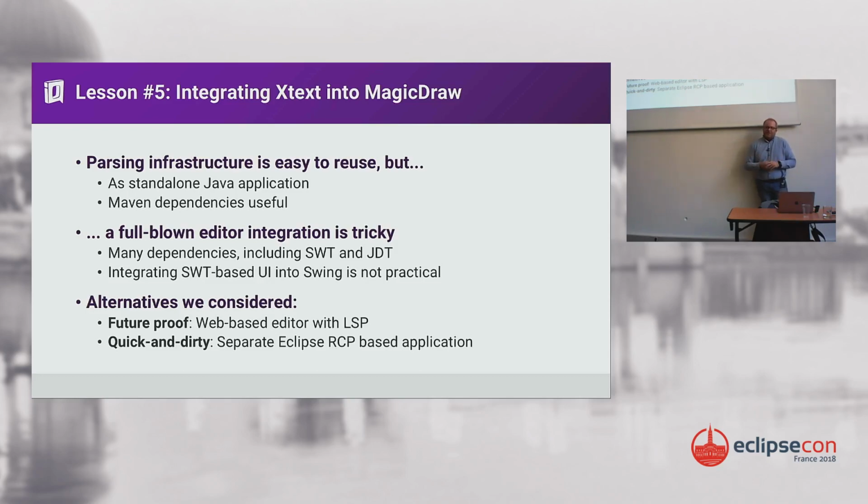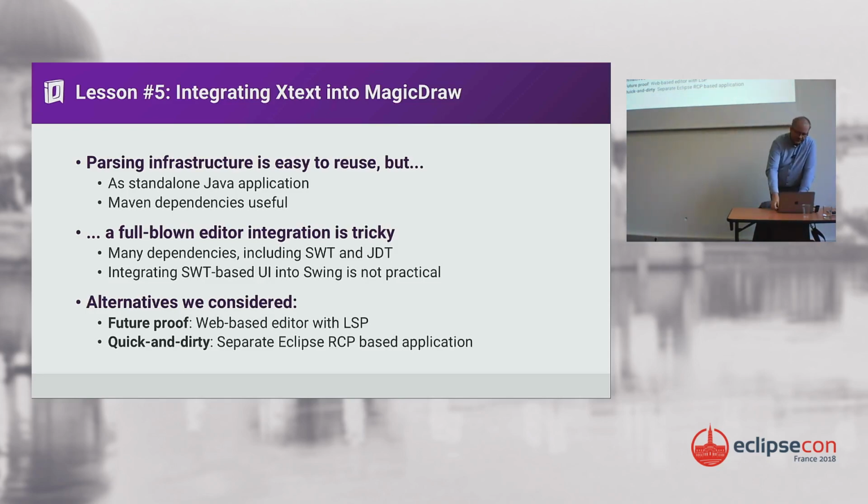But there was another alternative, which meant to separate all the Eclipse UI specific contributions into a separate companion application, and then somehow make the two apps work together. And this second one was the one that we ended up doing, and I will try to explain to you why. How many of you know LSP, or Language Server Protocol?